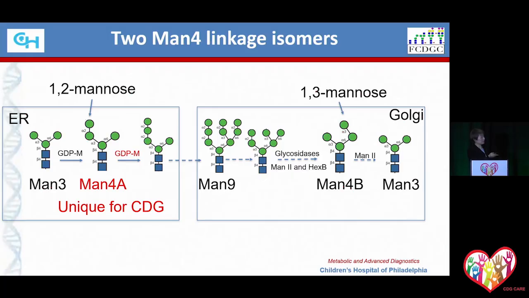But we can separate these because they have a different linkage for the mannose at the non-reducing end. For the CDG MAN4, which we call MAN4A, it has a 1-2 linked mannose at the non-reducing end. For the one that everybody has, it's a 1-3 linked mannose.